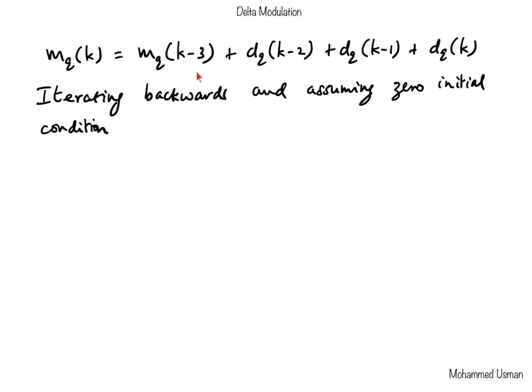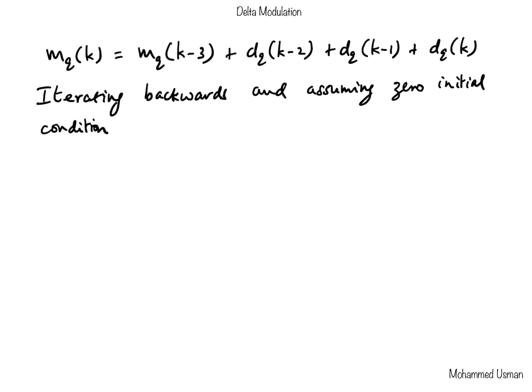We'll have a dq[k-3], a dq[k-4], and so on, and this will keep going backwards. It will be mq[k-n], which we will assume to have a 0 initial condition. That will leave us with only the summation of dq terms.